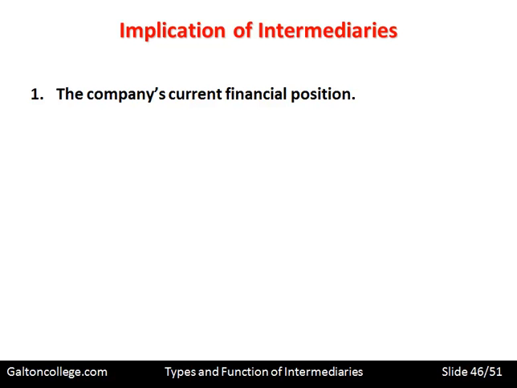So the current financial position of the company will be determined by a lot of what comes back from the intermediaries. But certainly in terms of cash flow, it's important that the company receives timely returns on what it delivers to the intermediaries. It's important that the sales go through in an efficient manner to enable the company to continue to function.